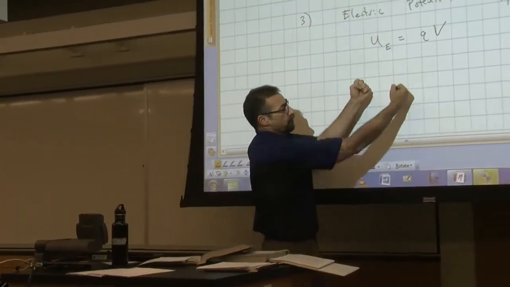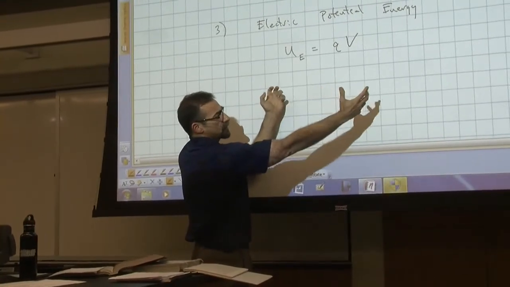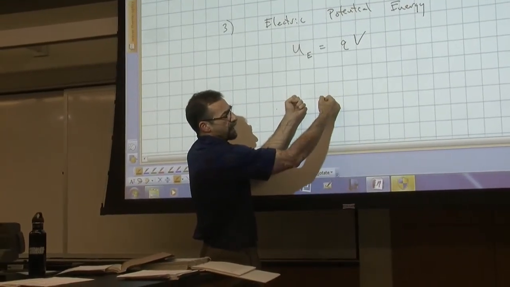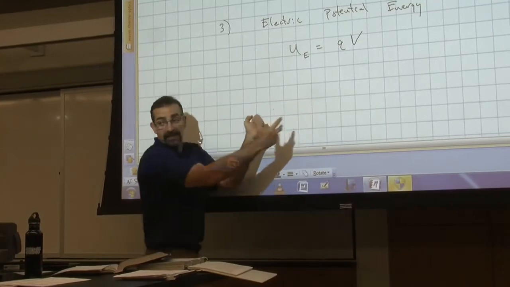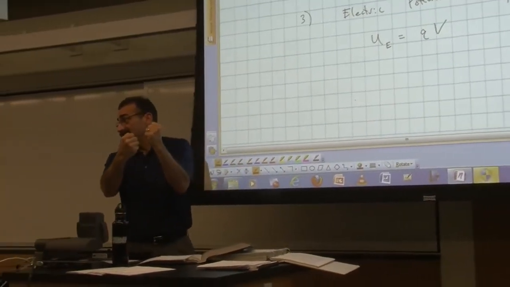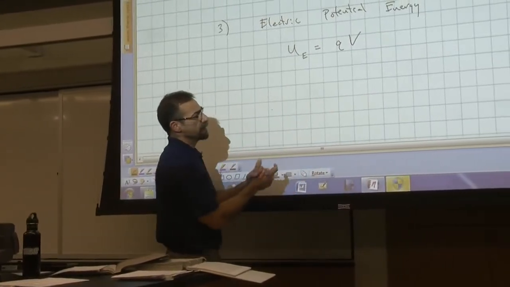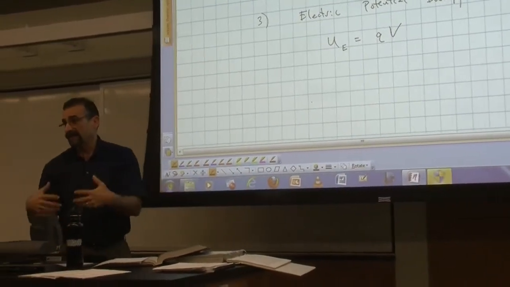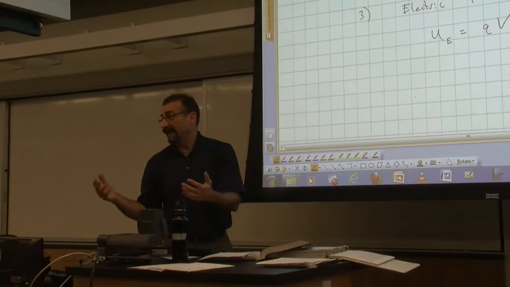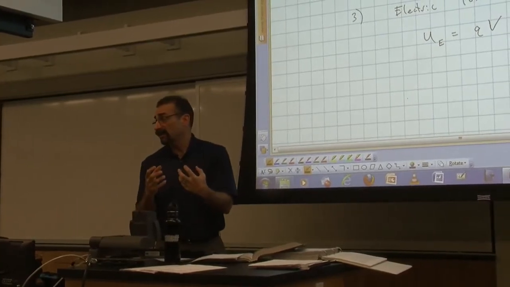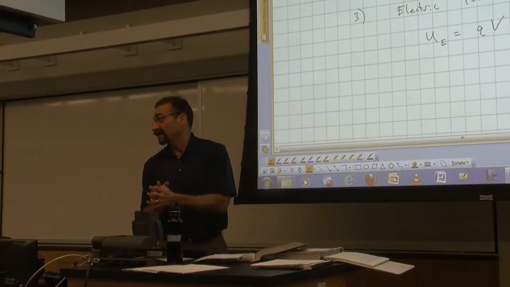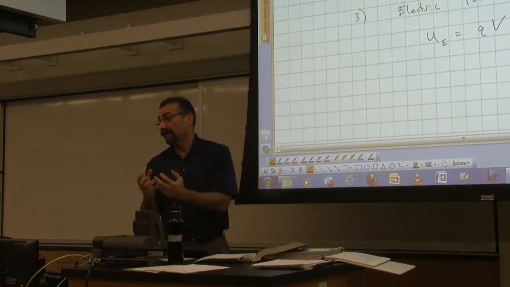And we get to a certain point and we stop. We've done a certain amount of work bringing them in. And that's how much energy is stored in that system. And if we let go of them, they move back out to infinity, and they would have a certain amount of kinetic energy at the end equal to the original potential energy that they had, equal to the work we did bringing them together.